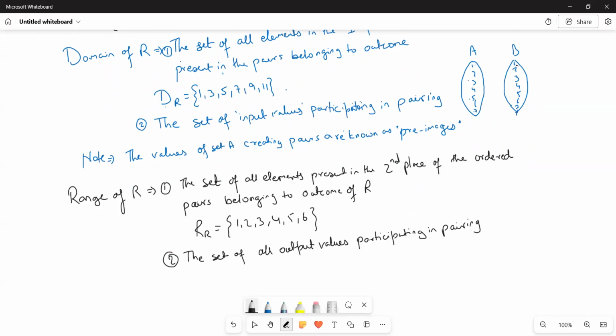Like in set B, 1 2 3 4, set B is the set of natural numbers, but not all of it is working in pairing. The pairs that are created will include 1 2 3 4 5 6, only these will form pairs. Right?